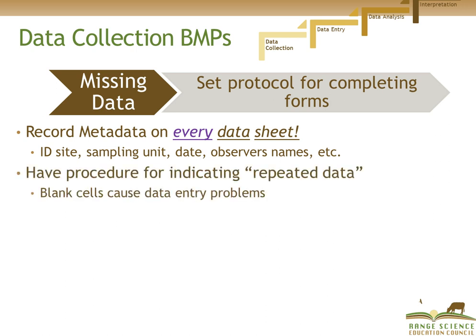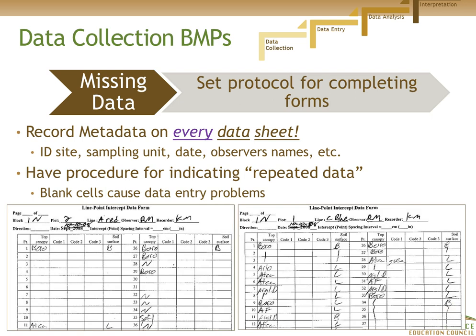We also need to have a procedure in place and practiced for indicating repeated data. And that's because blank cells tend to cause data entry problems. We can see in this data sheet on the left there are a lot of blank cells.